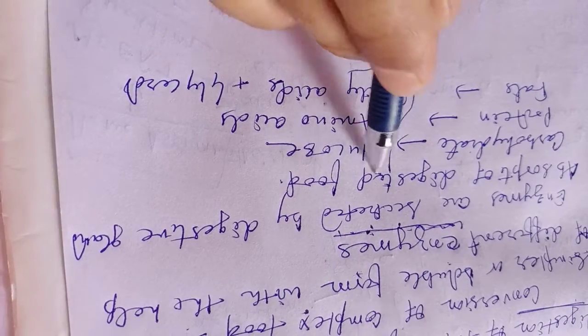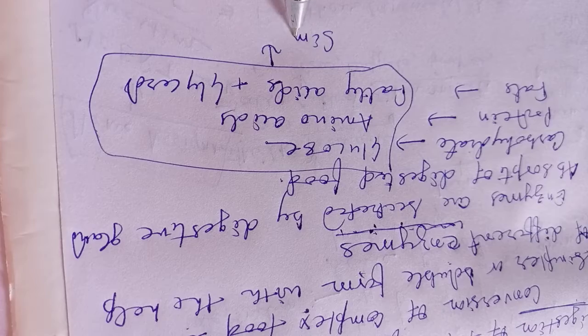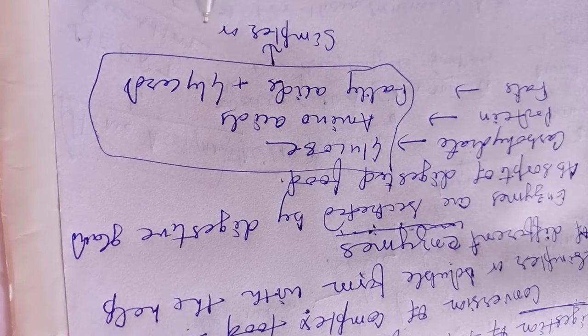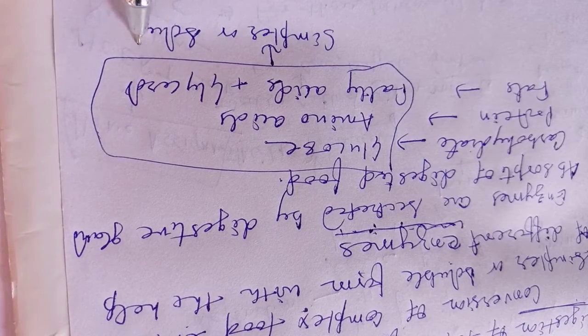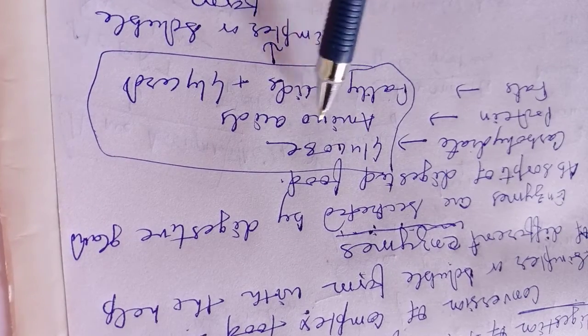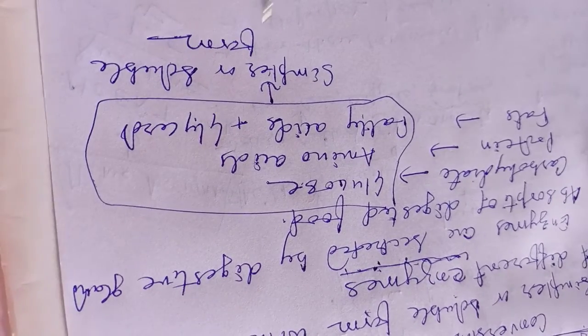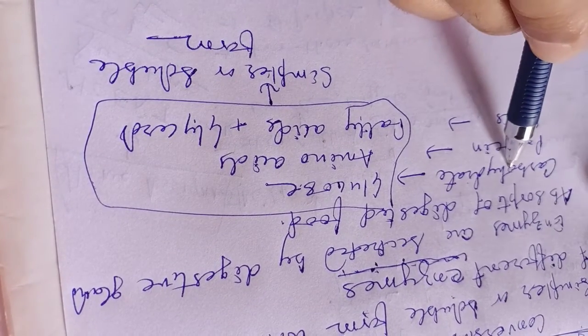So these food molecules are in simpler or soluble form. Glucose, amino acid, fatty acid and glycerol are used by our body.